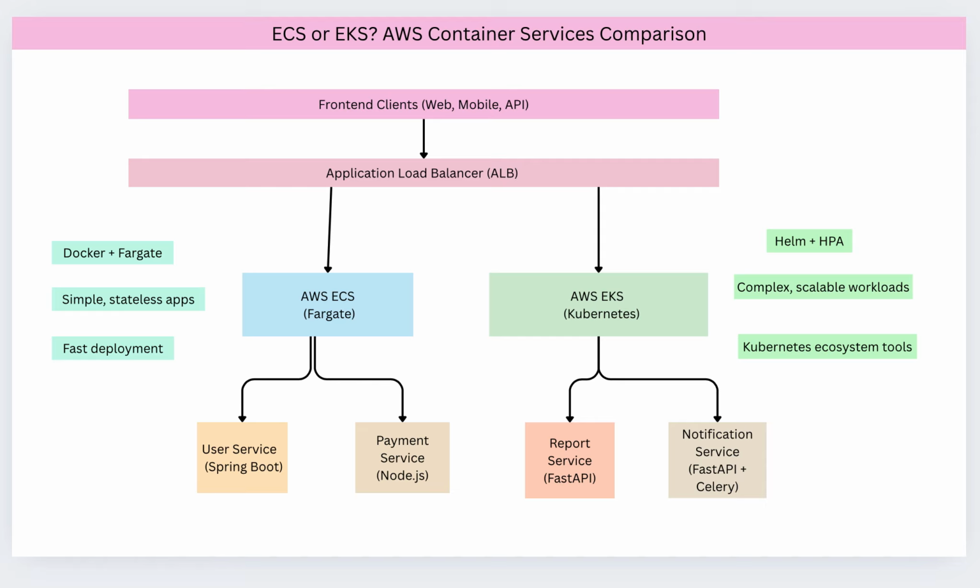Before we jump into the differences, let me explain how incoming requests flow in this architecture. All client requests, whether from web, mobile apps, or APIs, first hit a single application load balancer or ALB.